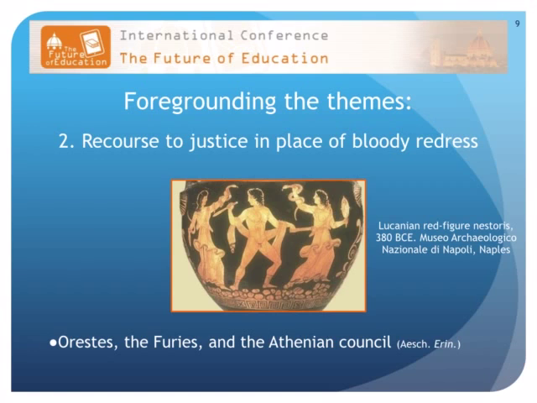Let's move on to the next slide, where we have the second theme, the recourse to justice in place of bloody redress. We read a play, a tragedy titled The Furies, in which Orestes, the main hero, has killed his mother, and he's being harassed by these divinities.